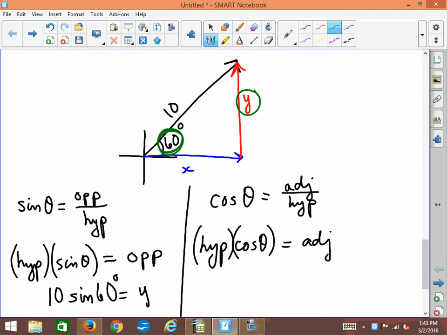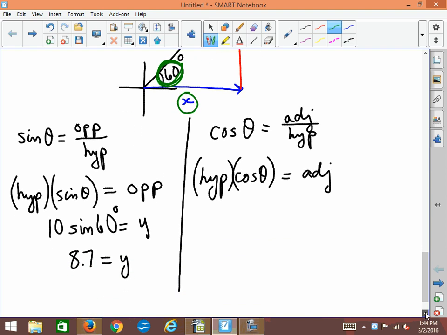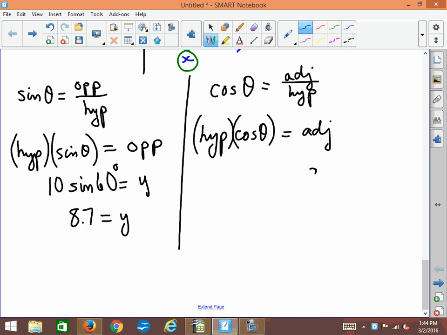Right here, the adjacent side is x. X is beside the angle, right? And so therefore, the adjacent is x, but the hypotenuse is still 10, and I would get cosine 60 degrees, and that happens to be 0.5. So times 10 would be 5. So now I have numbers.